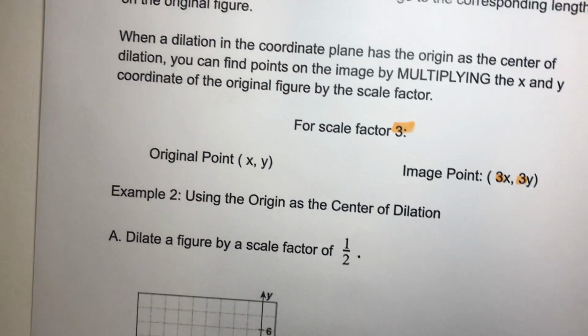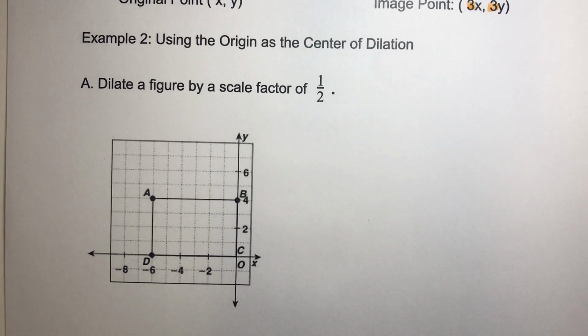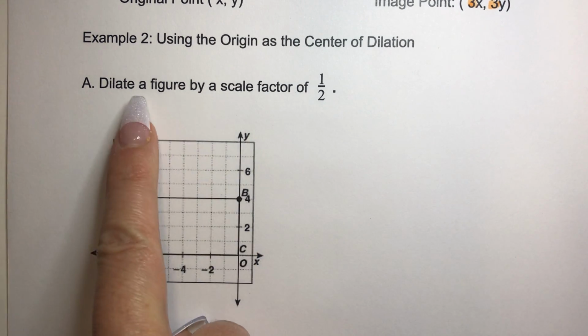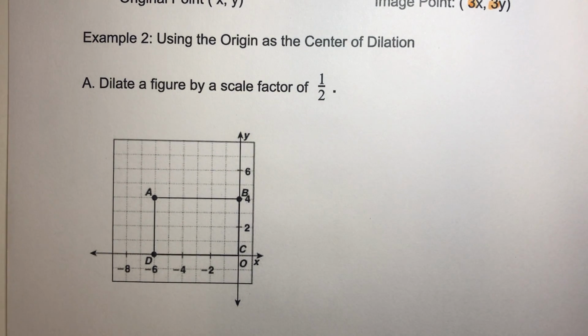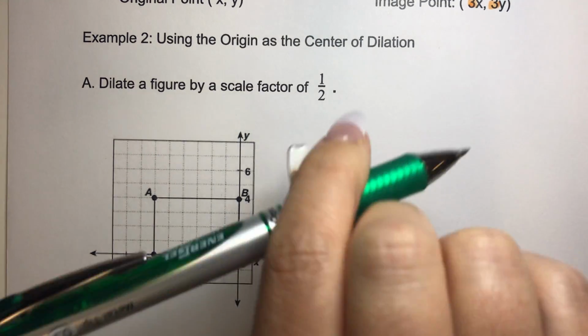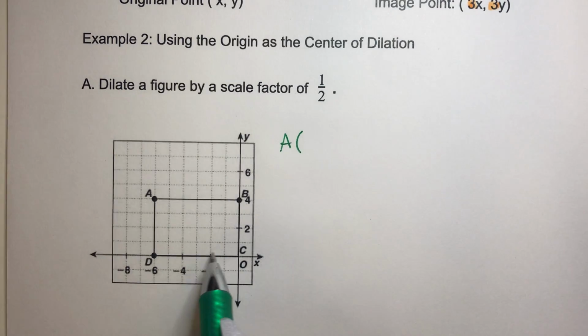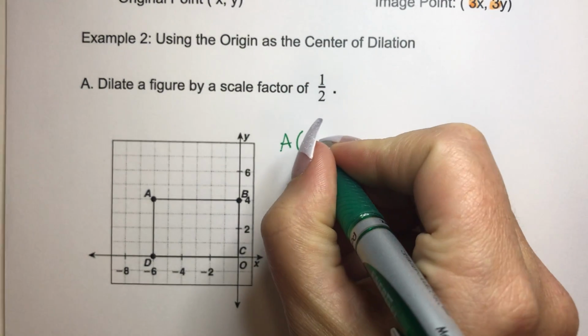And we're going to use the origin as the center of dilation. So we're going to dilate this figure by a scale factor of 1/2. So what we're going to do is take each vertex. Let's start with A. A is -6, 4.